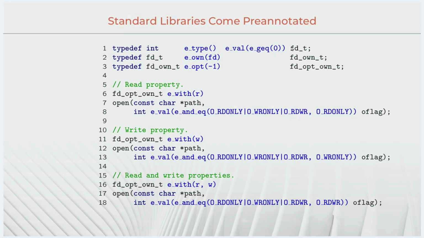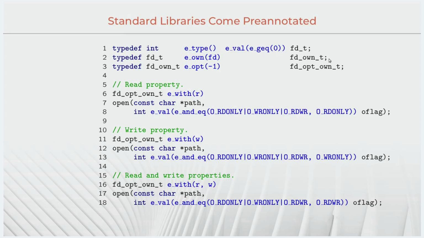An fd_t, a file descriptor type, is represented as an int, but it is a nominal type, meaning that it is represented as an int, but it's not an int. So the usual operations on int data cannot be performed on a file descriptor, and moreover, we annotate the file descriptor to specify that the value is always non-negative.